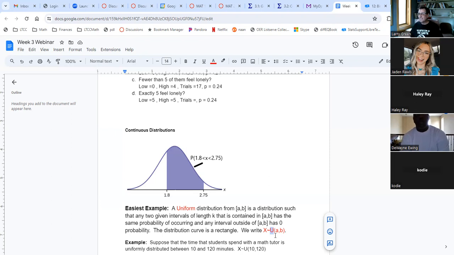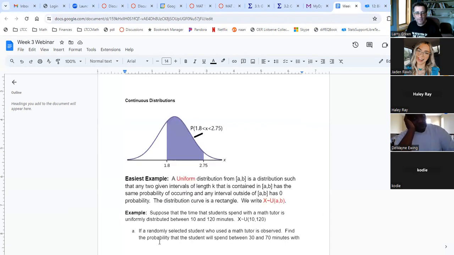Won't be U. It's not a trick question, by the way. But it might help you remember why the U. Yeah, N, because N is the first letter of normal. U is the first letter of uniform. So it's kind of standard. Mathematicians are boring. We don't try and trick you or anything. We just use the most logical thing to use. U for uniform. And then A, B, because for uniform, you have talked about the low and the high. Any questions on that?